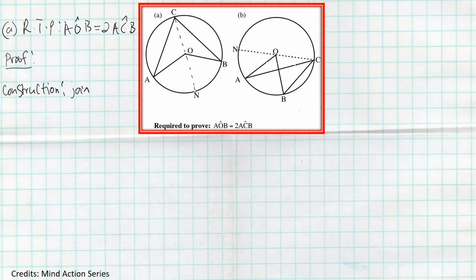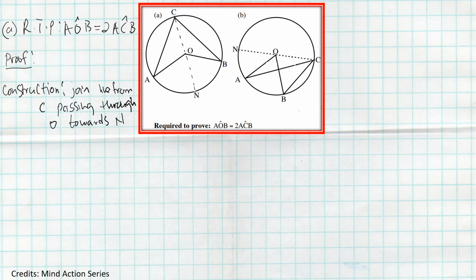We are joining a line from C passing through O, which is our center, towards N, right? So that's what we do. We just join a line from C passing through O and it's moving towards N, and that's our construction, right?